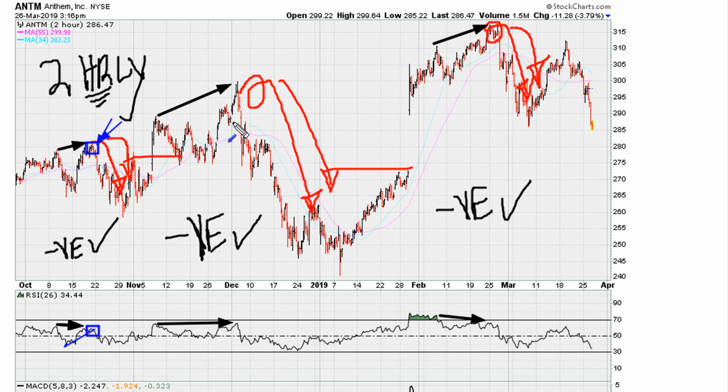You combine the two, a trend break and the negative divergence, and then again we have another trend break on the 2-hourly, and we can draw it. Can even draw it here, which is this area here.